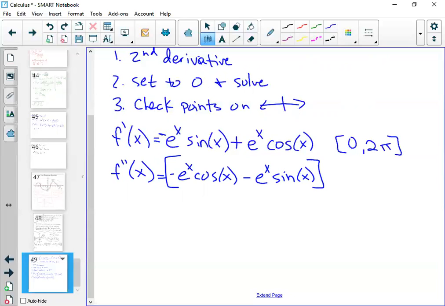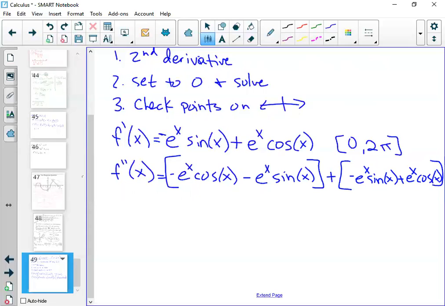So that is all the derivative of our first term. And then plus, and e to the x cosine x is exactly what we took the derivative of when we took the first derivative. So I'm just going to copy down our f prime here. Negative e to the x sine x plus e to the x cosine x, and close our brackets out.